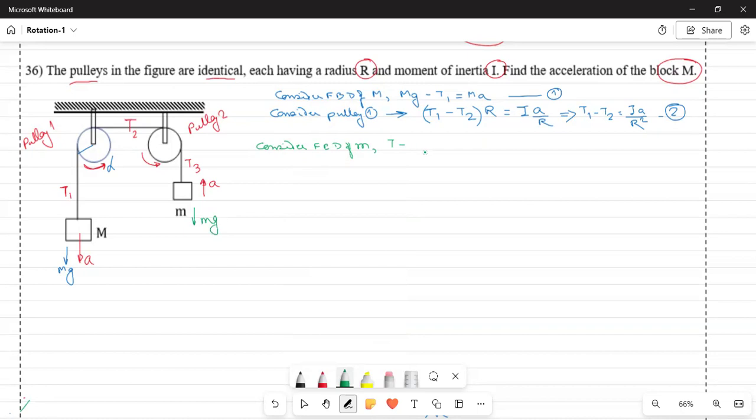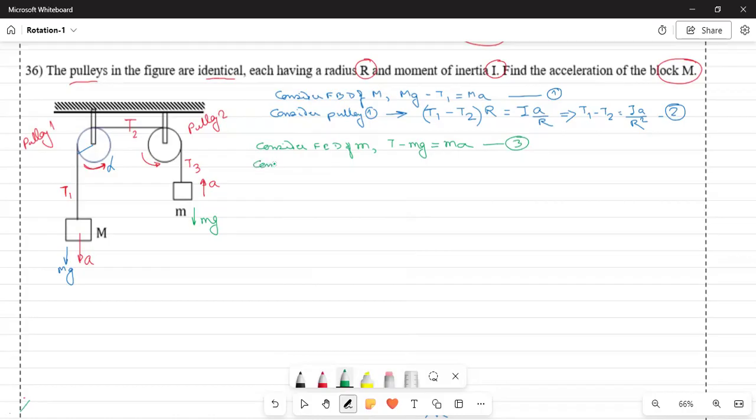T3 minus small mg will be equal to mass times upward acceleration, which is small ma. Let's say it is equation 3.